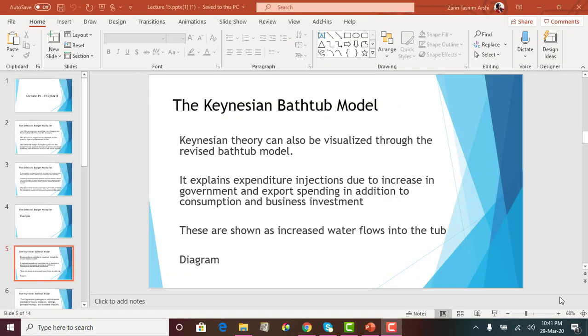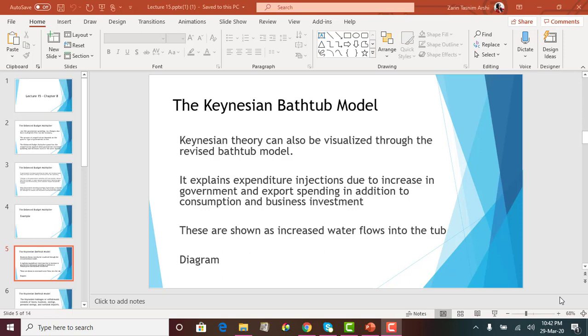Okay, so then we move on to slide 5, which talks further about the Keynesian theory. And this Keynesian theory can also be explained through the bathtub model. If you remember, we used this bathtub model to explain the classical economics, right? But this same model can be used to explain how the economy operates under the Keynesian mindset, or under the Keynesian model.